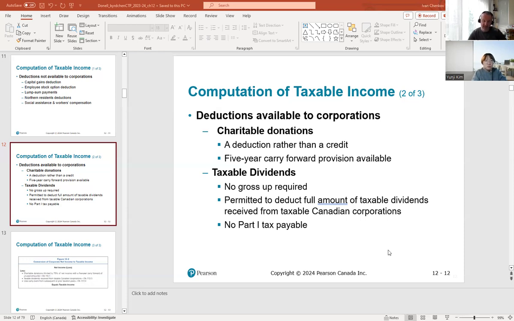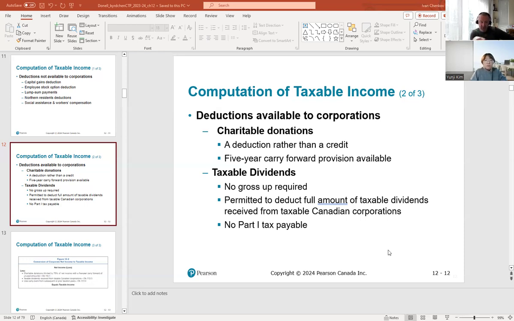A deduction reduces the amount before you apply the taxes, where the credit applies to the amount that you're owing. Make sense? So generally you prefer to have a deduction rather than a credit. The effect of the deduction will be far greater than only having a credit of a certain percentage.